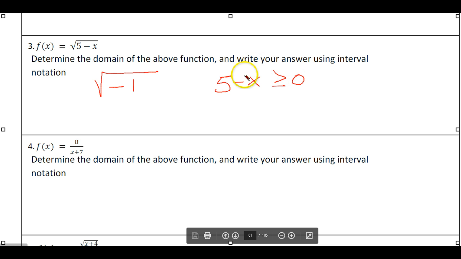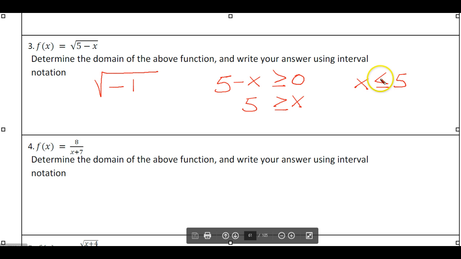This is the way you find what your domain would be. So all values under the radical sign have to be equal or greater than 0. So we just solve this by transposing the x to the other side and then writing it this way. x is less than or equal to 5.